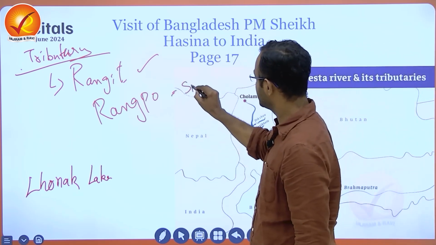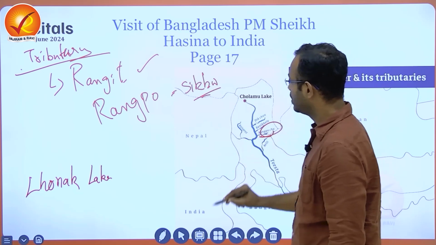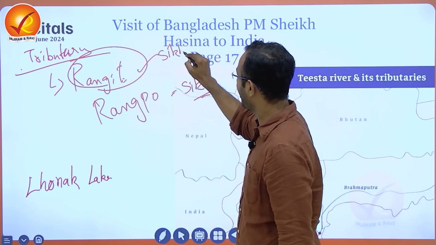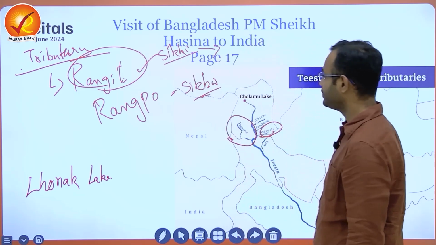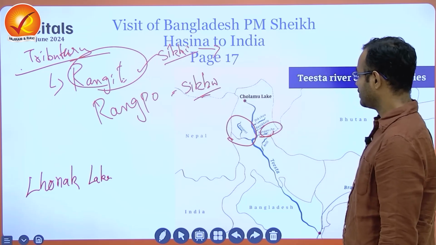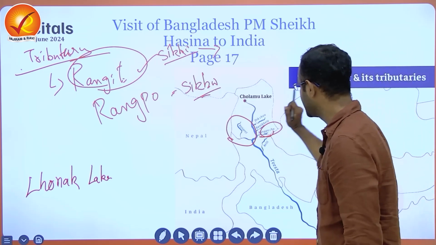Rangpo is present within Sikkim regions. Rangit again is in Sikkim and also flows slightly into West Bengal regions. These are the major tributaries.